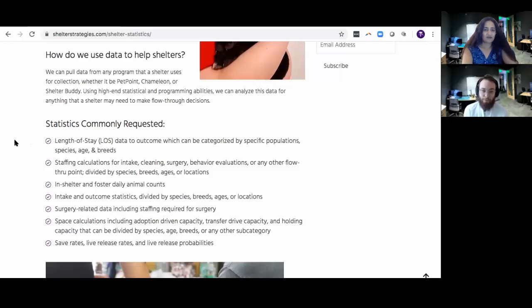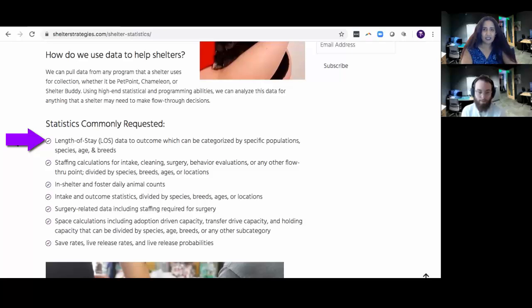Starting off right at the beginning there, we have length of stay calculations. And what length of stay calculations are is just a difference in days between an intake date and an outcome date for any animal that comes into the shelter. Yeah, and we can use length of stay for a lot of different things.